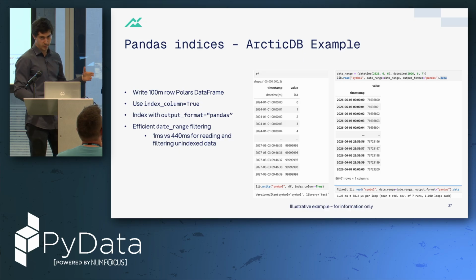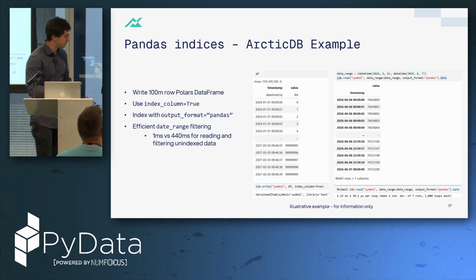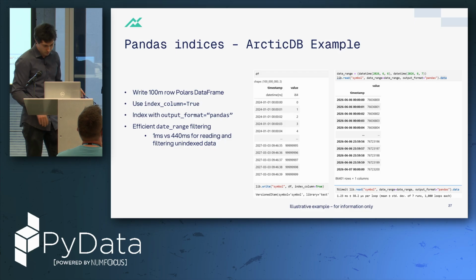And more importantly, once we know that the first column can be used as an index, we can do more efficient operations on it. For example, in this code stub, we just want to get the date range from the 6th of June to the 7th of June.